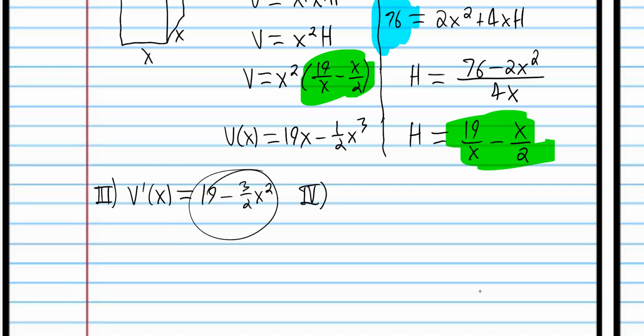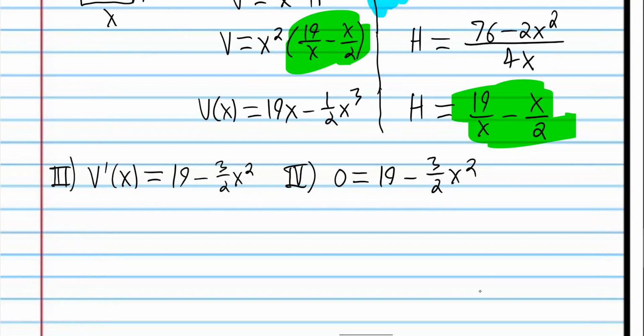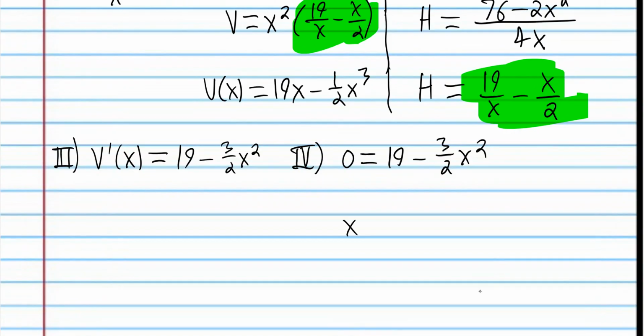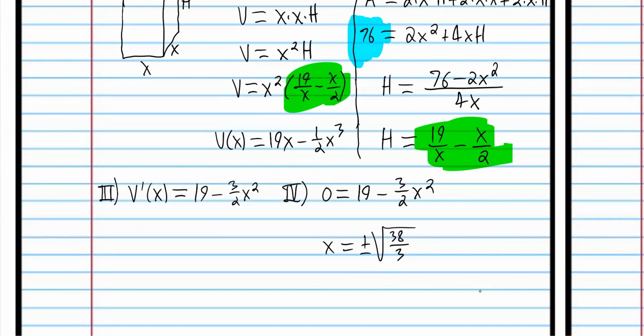Now there's no x values that make this expression undefined, so we can just set it equal to 0 and then solve, and we get plus or minus the square root of 38 over 3. So let's estimate that. You can get your calculator out. That's about 3.559.